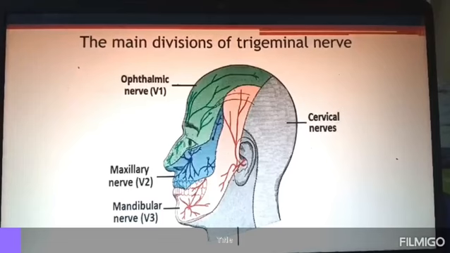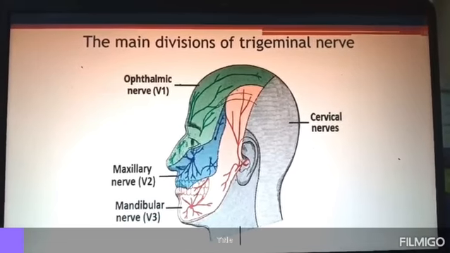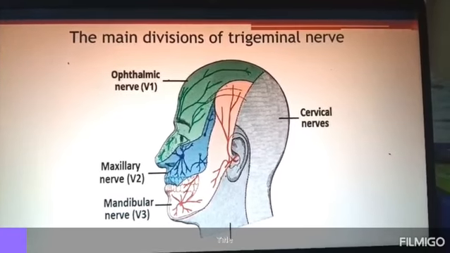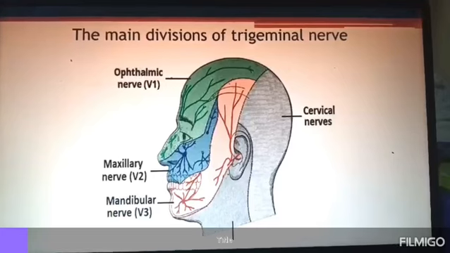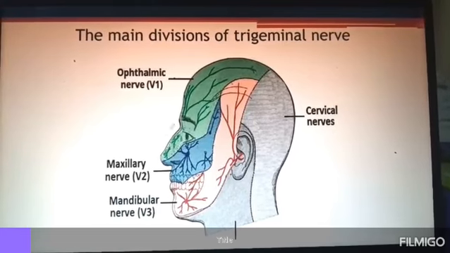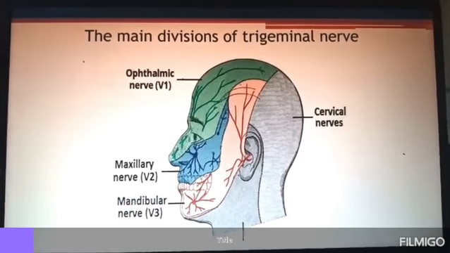The main divisions of the trigeminal nerve are ophthalmic, maxillary and mandibular. Of these, ophthalmic and maxillary are purely sensory nerves, and the mandibular nerve is mixed. Why is it mixed?